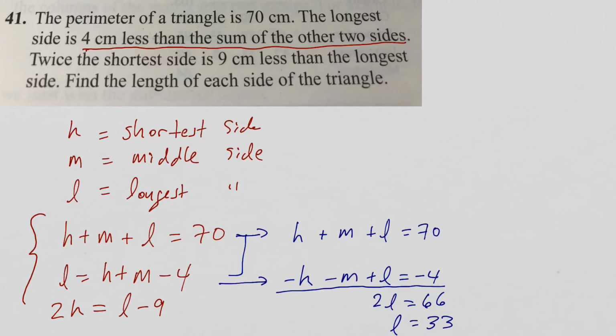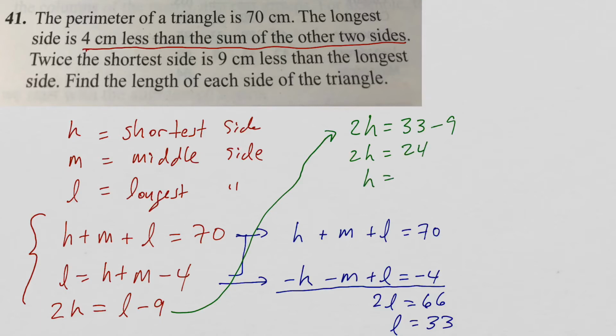Well, now I can use this equation here to find H. So 2H is equal to L, which is 33, minus 9. So 2H is equal to 24. So H must be equal to 12. And finally, I can use this last equation here to find my last variable.